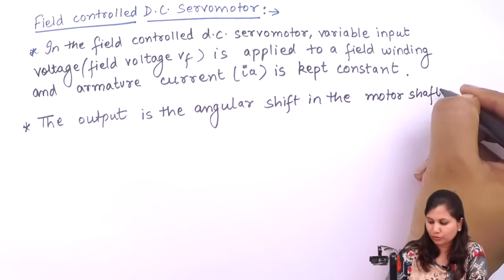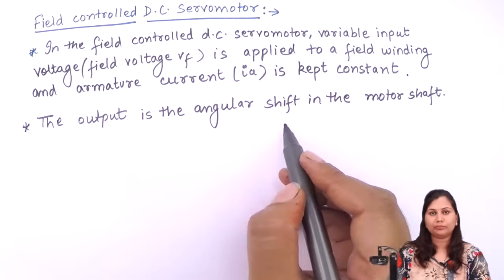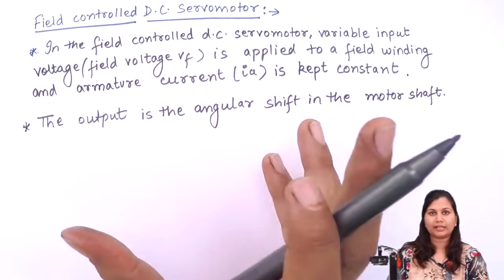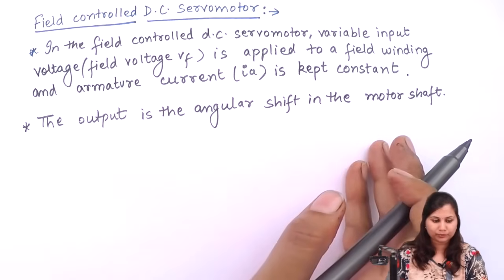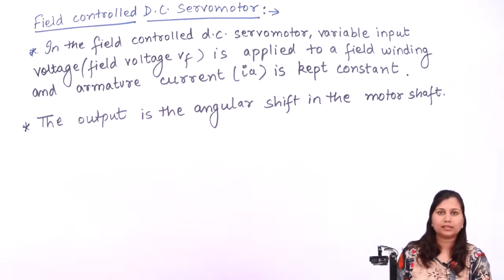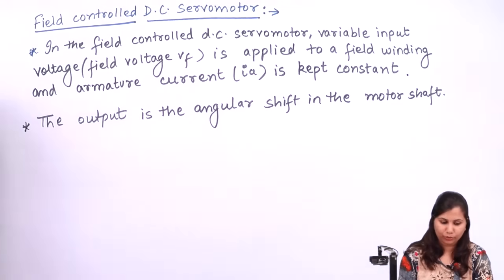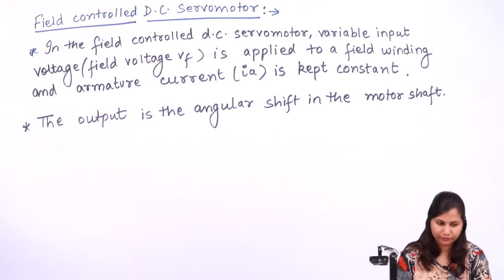So here also the output of the motor is the angular shift, that is the angular displacement theta. Okay, so let's draw the circuit diagram for this field controlled DC servo motor.